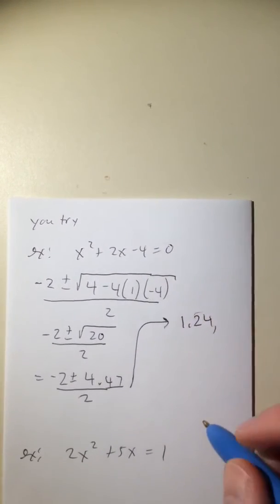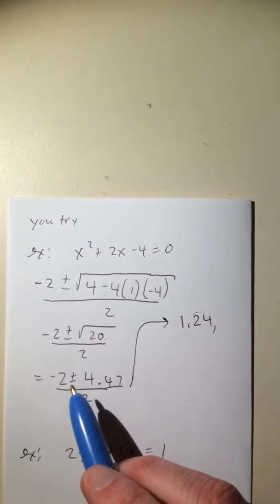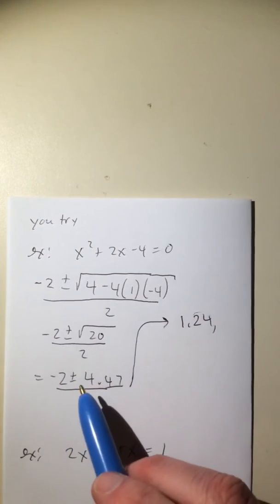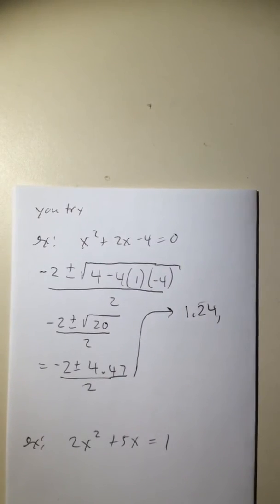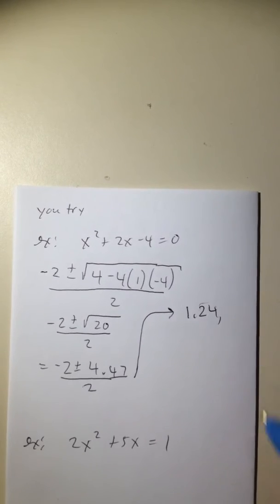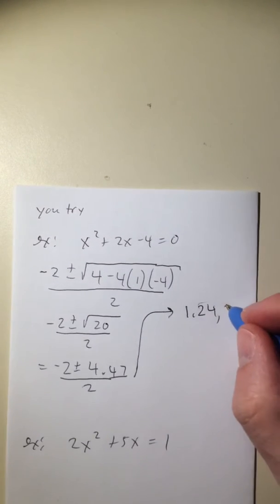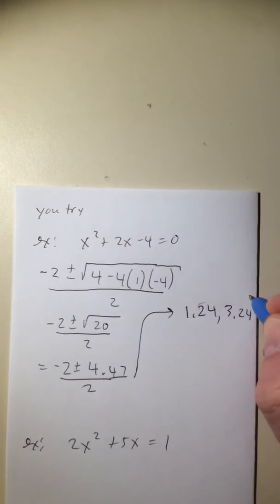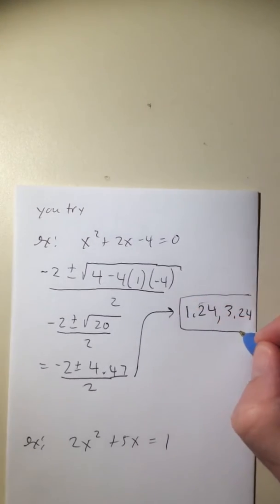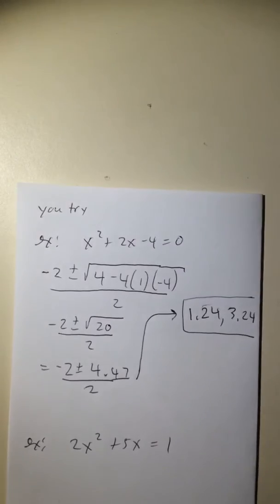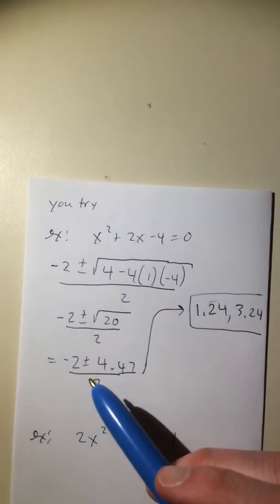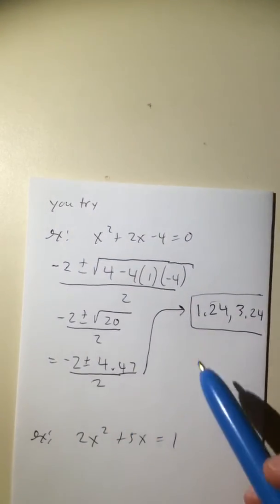And then we got negative 2 minus 4.47 is going to be negative 6.47 divided by 2. So negative 6.47 divided by 2 is negative 3.24. And hopefully you got those two answers. And if you didn't, you were able to figure out what it is you did differently than what I did.